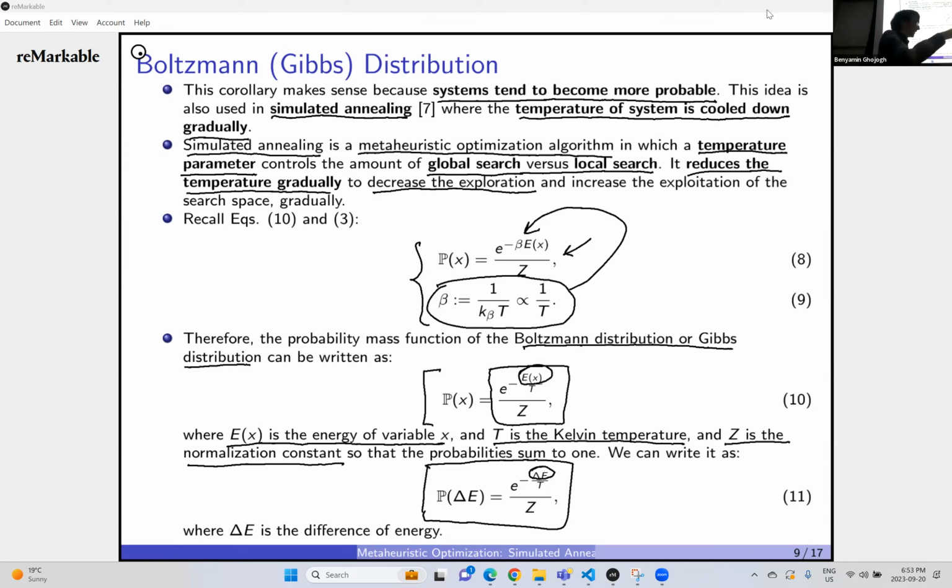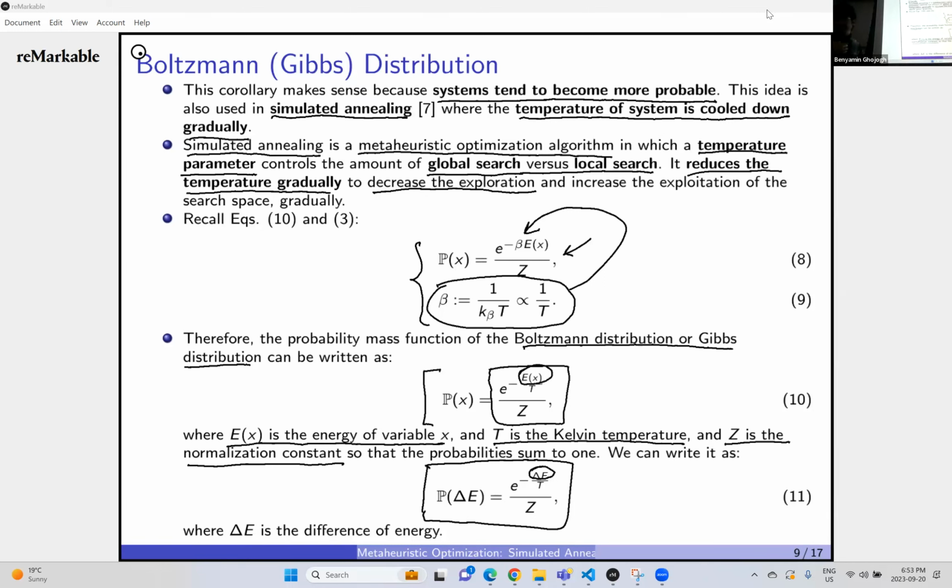You have some melt glass and you pull it down to become some dish or something like that. The temperature of the system is cooled down gradually in annealing. And why do they call it simulated annealing? Because we are simulating it in our computer program.